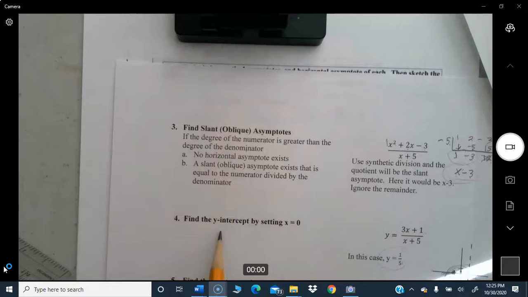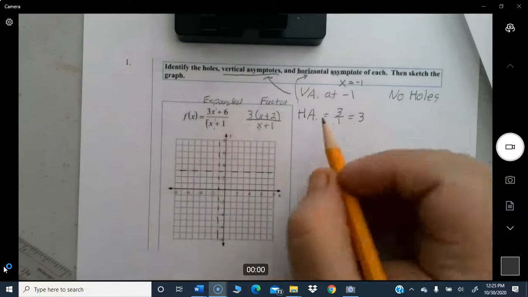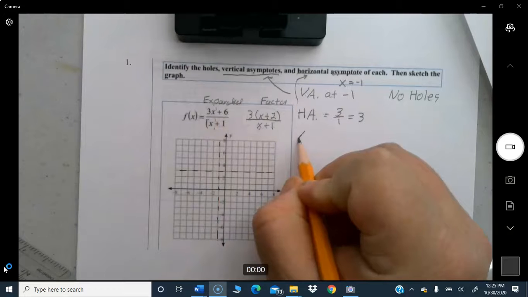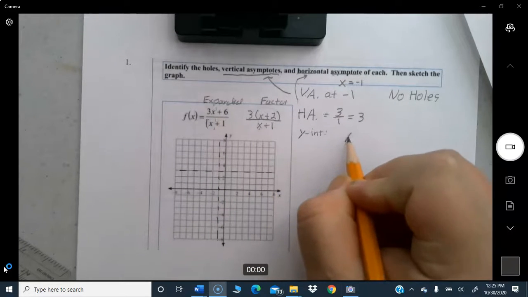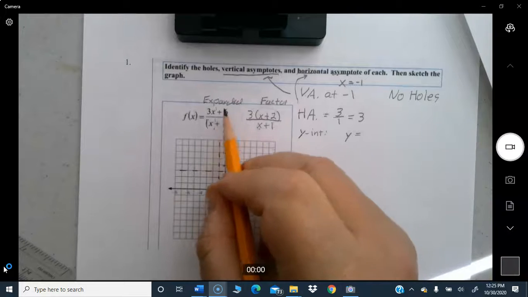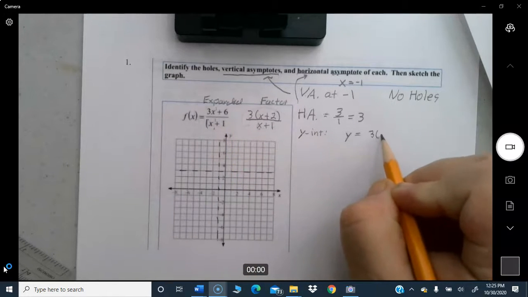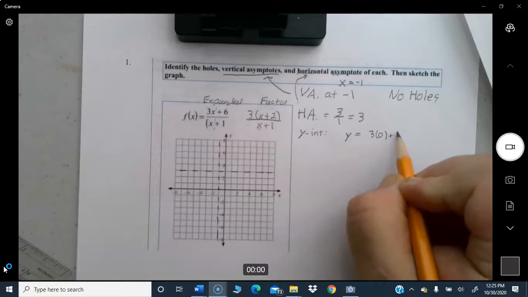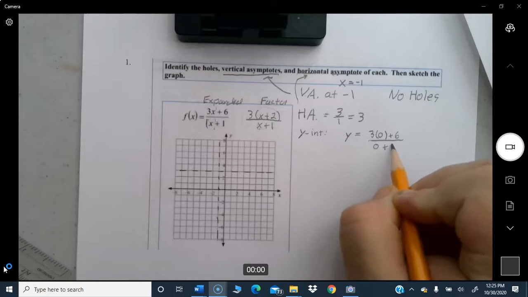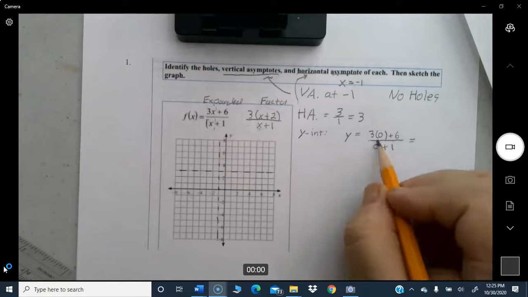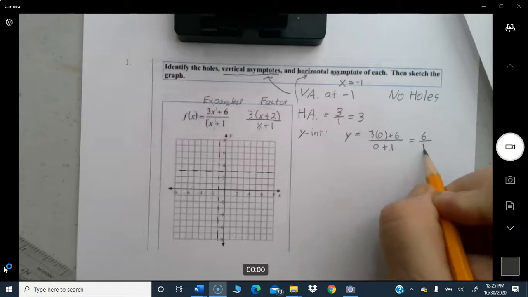Number 4, find the y-intercept by setting x to 0. So we're going to take this function right here, and we're going to say this is the y-intercept. I'll just write y-int. So over here I'm going to write y equals, and I'm going to take this equation, just plug in 0 wherever I see an x. So 3 times 0, okay, 3 times 0 is 0, plus 6 is 6. 0 plus 1 is 1.